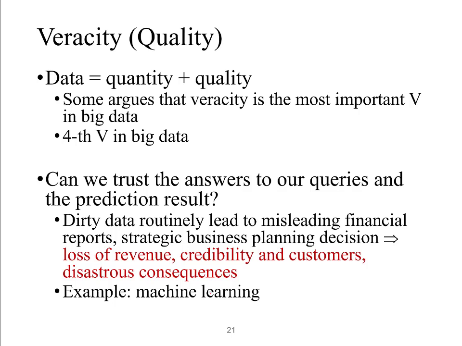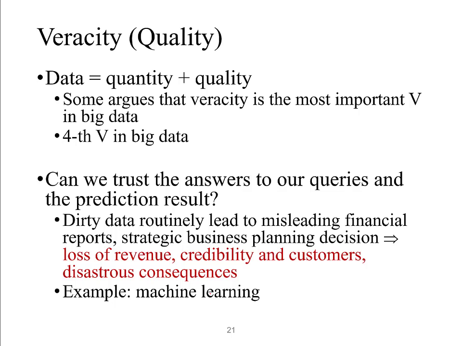Here we use machine learning with big data as an example, as nowadays there are many applications that rely on deep learning or machine learning predictions, and we all know that if we want the machine learning model to work well, then we need sufficient training data.